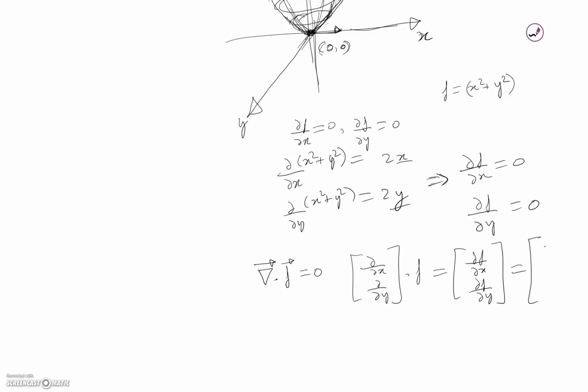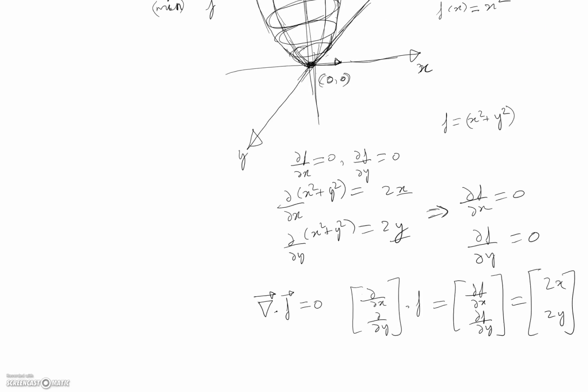And as we showed above, this is just 2x and 2y, and at the origin this is the 0 vector. So in order to minimize or optimize a function, we need the gradient vector to be 0.